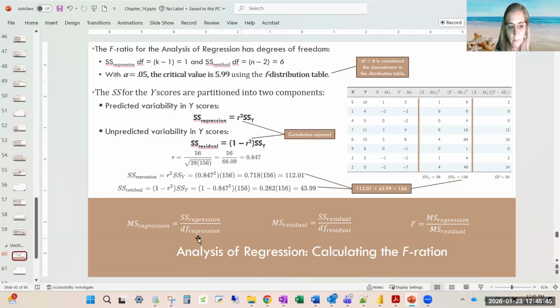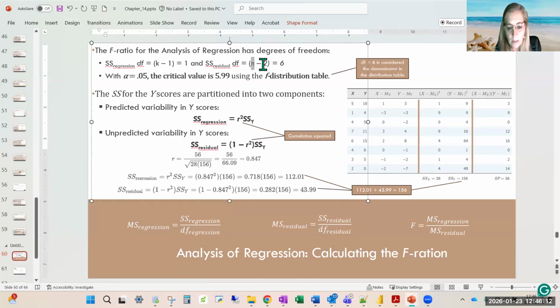So how do we do that? The F ratio for the analysis of regression has degrees of freedom of 1 and 6. For SS regression, the degrees of freedom is the number of groups minus 1. We have 2 groups, so if you subtract 1, we're left with 1. For SS residual, degrees of freedom is the number of scores minus 2.